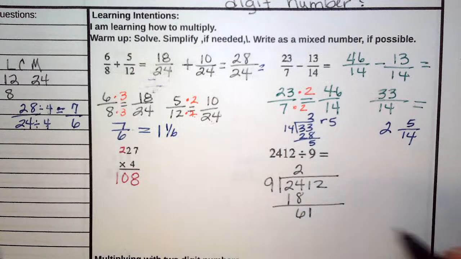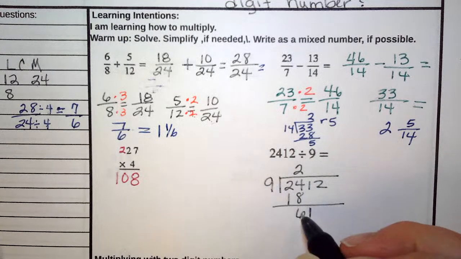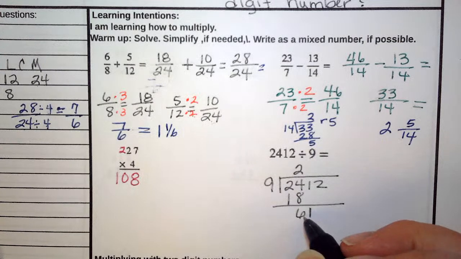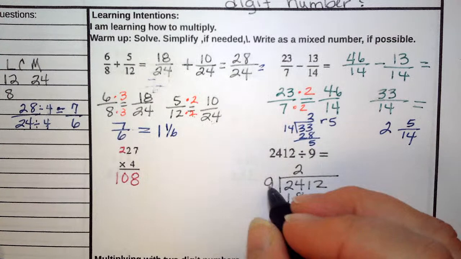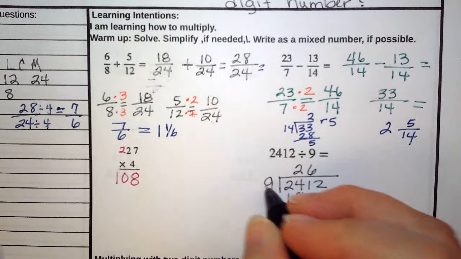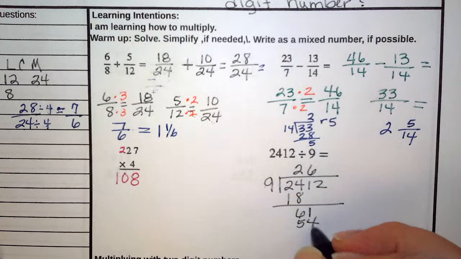Bring down the 1. 61 divided by 9, well, it won't go in evenly, so I've got to go down to 54. That would be 6. 6 times 9 is 54.